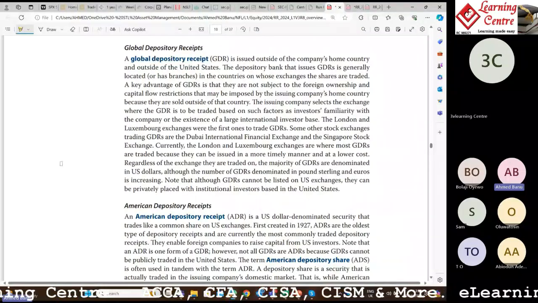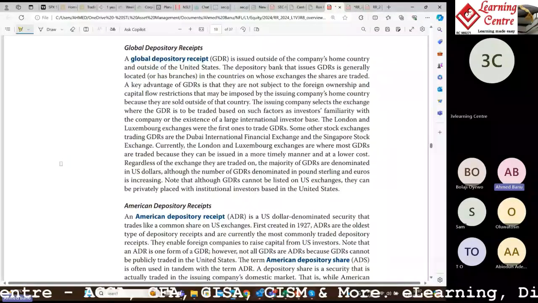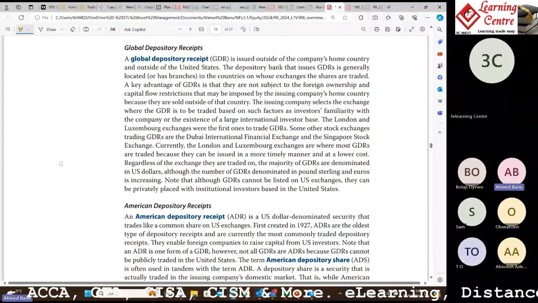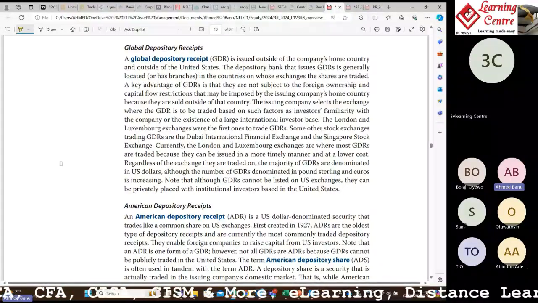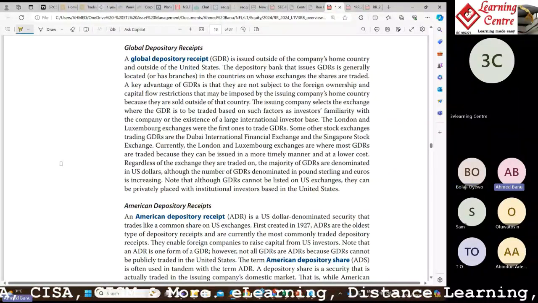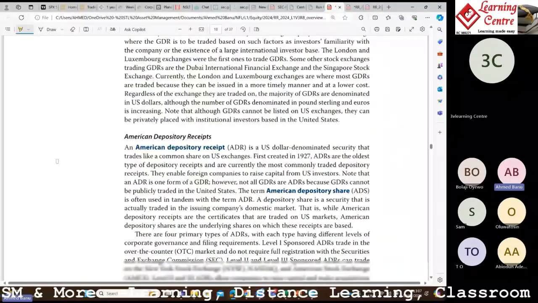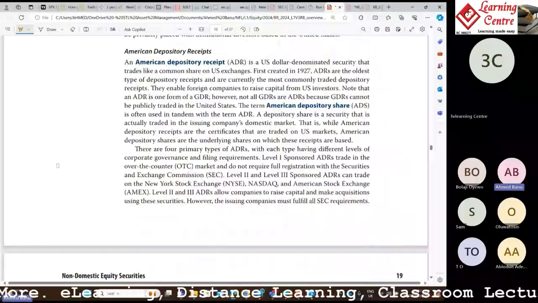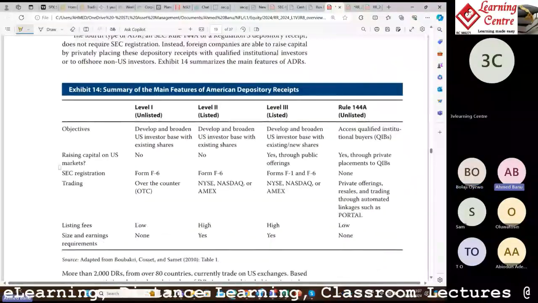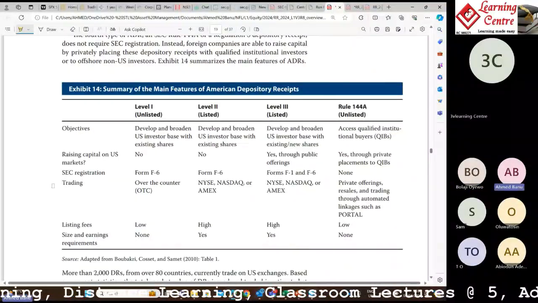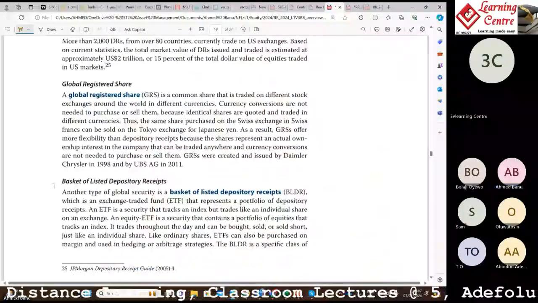So they are all called GDRs. But when it comes to America, America has said you cannot call it GDR, you must call it American Depository Receipts. There's really no difference between GDR and ADRs. It's just America decided to say that as long as you're coming to my market, you have to call it ADRs.